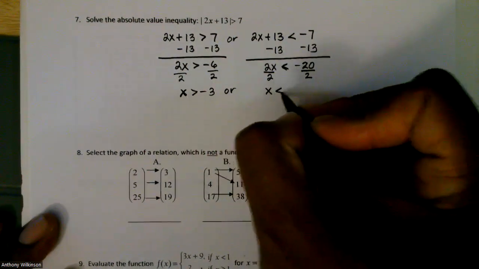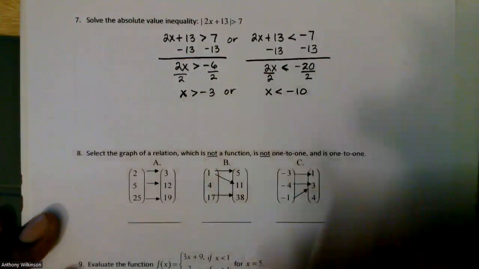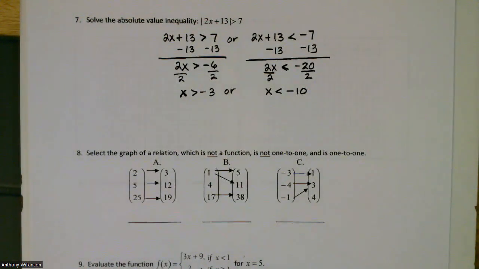That will mean x is less than negative 10. So the solution set would be x is greater than negative 3 or x is less than negative 10. So that's how we solve that absolute value inequality.